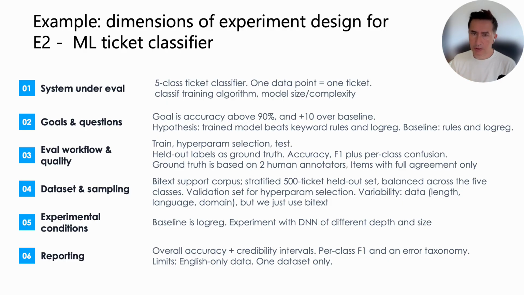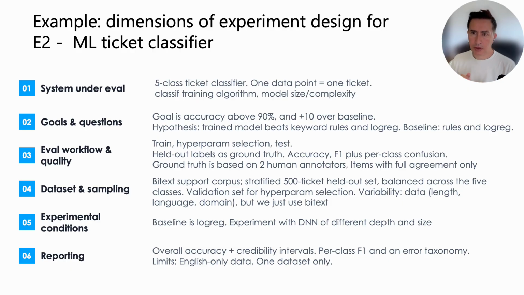So it's our ticket classifier, and one data point, one sample is for us, one ticket that we want to classify. The goal we hope to achieve with the system is to have an accuracy of at least 90%, and we want to be at least 10 points better than the baseline. The baseline for us is a simple keyword-based classifier, and maybe also a logistic regression classifier.